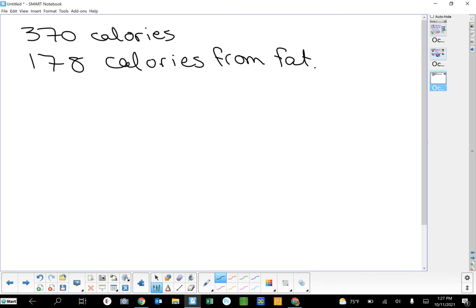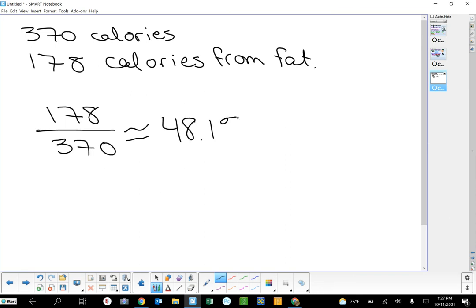So we want to figure out what 178 is of the total. And so to do that, you're going to take the partial amount and just divide by the total amount. And that's going to give you approximately 48.1%. And this says to round to the nearest percent, so you're just going to put in 48, right?